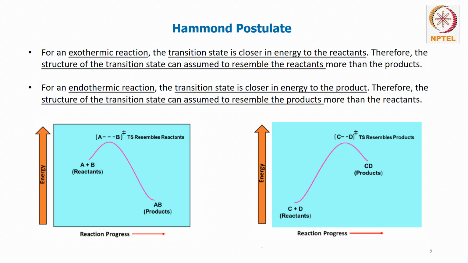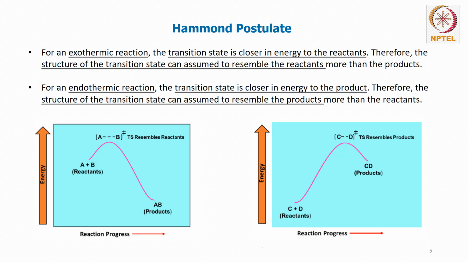After discussing different types of reaction mechanisms, we focused on describing different postulates to get an idea of which type of mechanism an unknown reaction is following. First one is the Hammond postulate. According to the Hammond postulate, for an exothermic reaction, the transition state is closer in energy to the reactant.